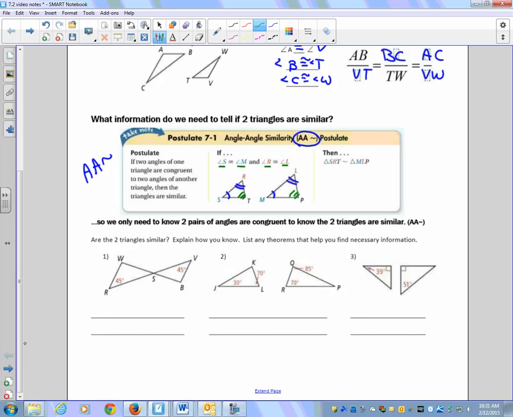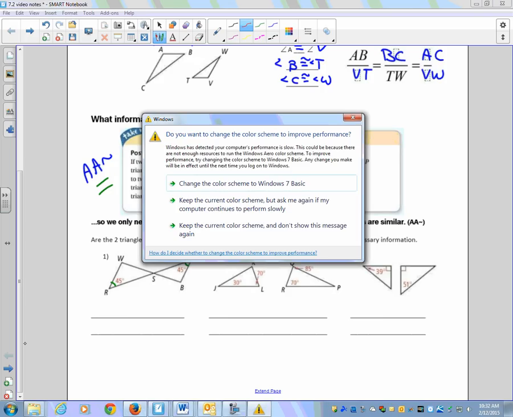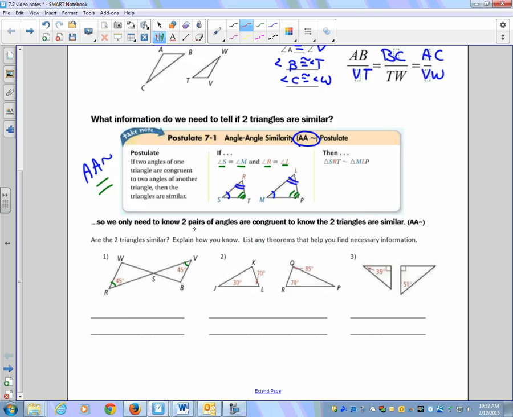So if we look at these examples here, are the 2 triangles similar? Presumably we're going to be using AA here. Well, they only give us 1 angle and 1 angle. But we know from previous knowledge that this angle has to be congruent to this angle because of the vertical angles theorem.